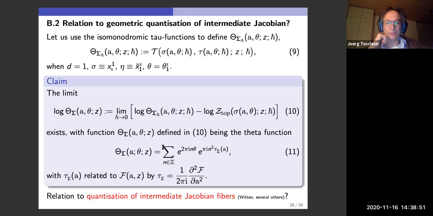I would think it should have many generalizations. For example, higher rank class sigma cases, corresponding to, say, the higher rank class S theories, will be very interesting to look at.